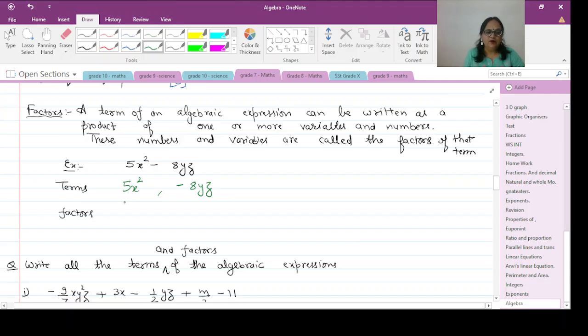And if I talk about the factors of the term, so here factors are 5 comma x comma x. And here factors are minus 1, 8 can be written as 2 comma 2 comma 2, y and z. So these all are the factors. ये जो मैंने second row में लिखे हैं, these are the factors of the expression.